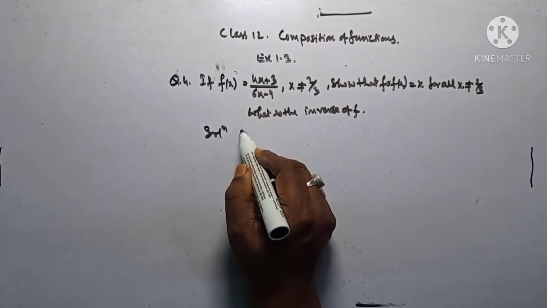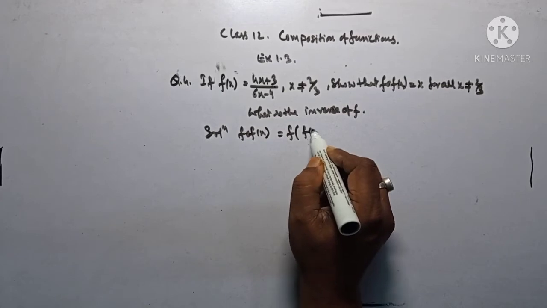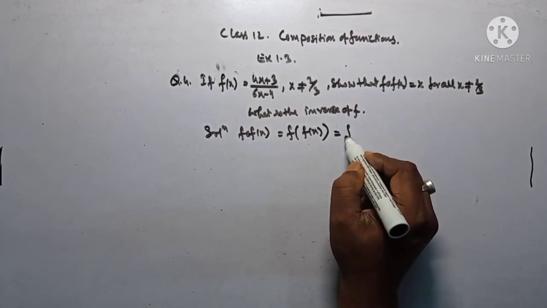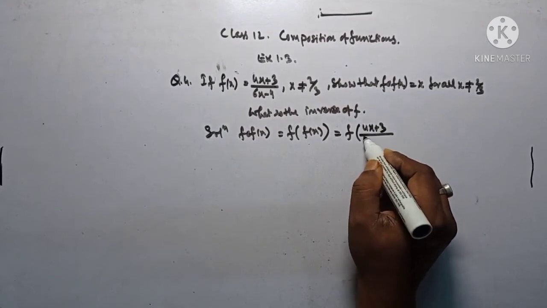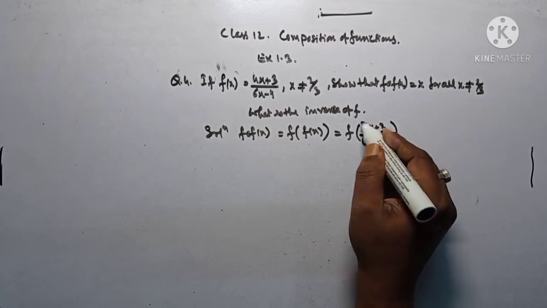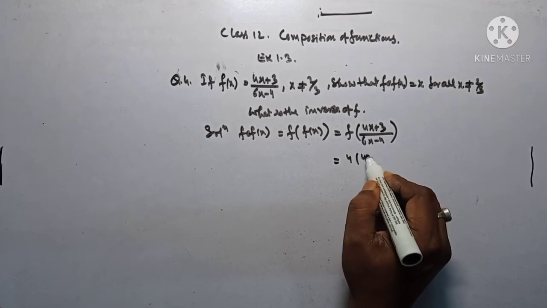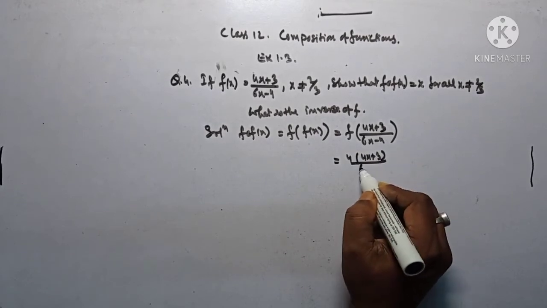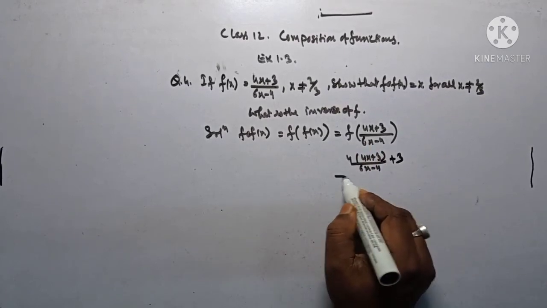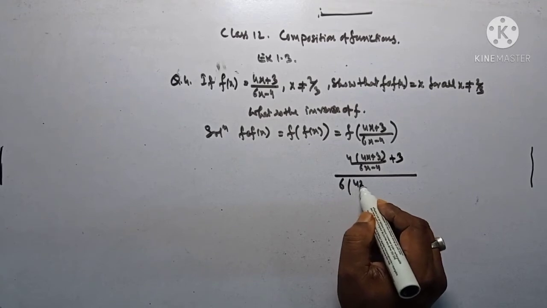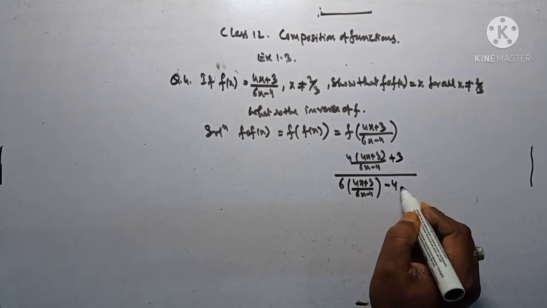Solution, that is f of f(x) that is equal to f of (4x plus 3) by (6x minus 4). Now when we put the value of (4x plus 3) by (6x minus 4) in place of x, we get 4 times (4x plus 3) by (6x minus 4) plus 3, by 6 times (4x plus 3) by (6x minus 4) minus 4.